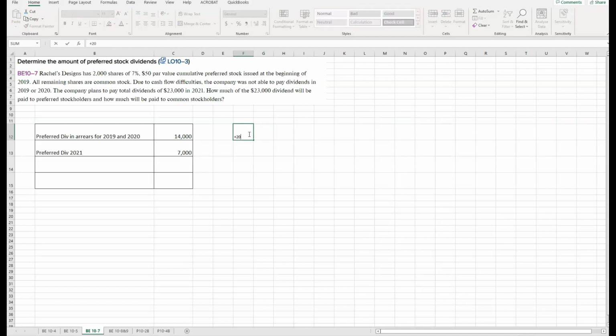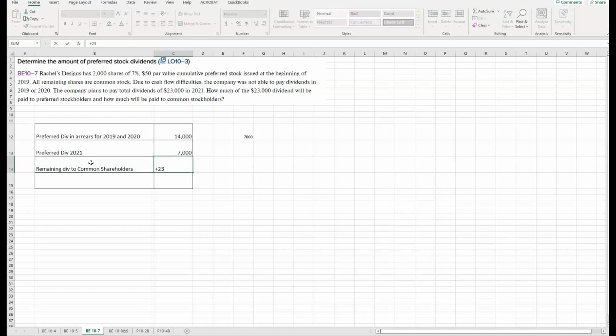So 2,000 times 0.07 times 50 is 7,000 per year. We have a total of 23,000. So how much of it goes to common shareholders? Remaining dividend to common shareholders.